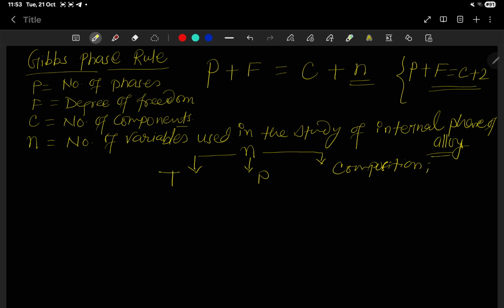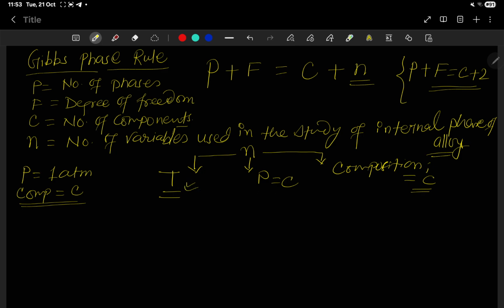But in our phase diagram study, we keep pressure constant at 1 atmosphere, and composition is also kept constant at a particular composition.